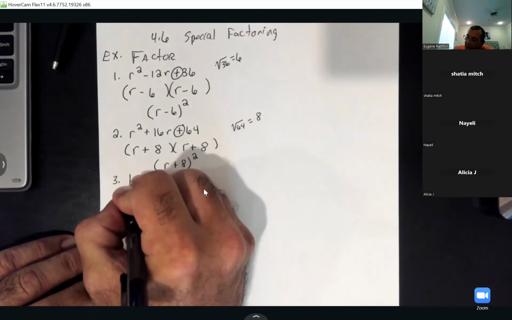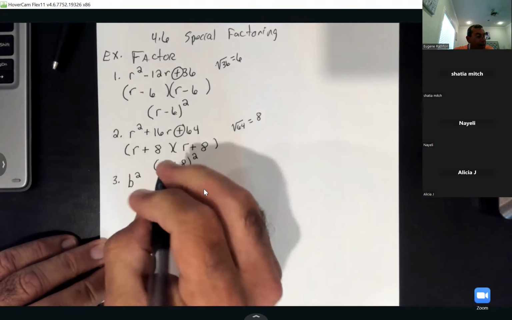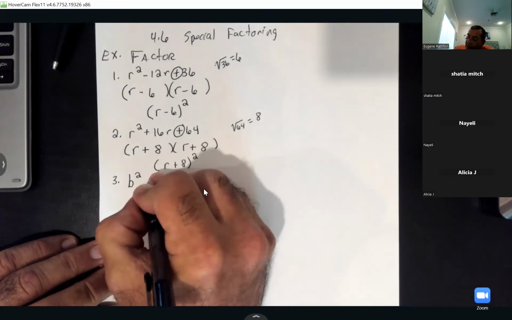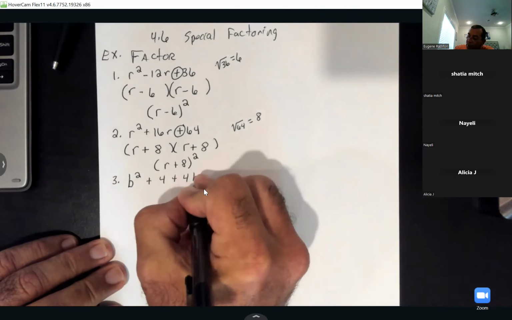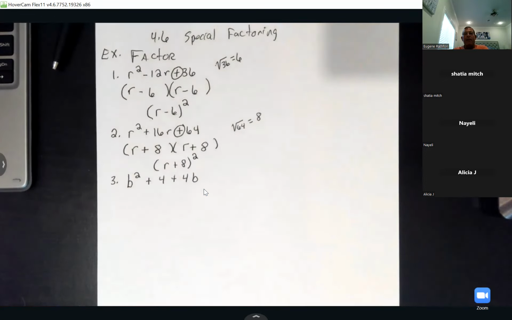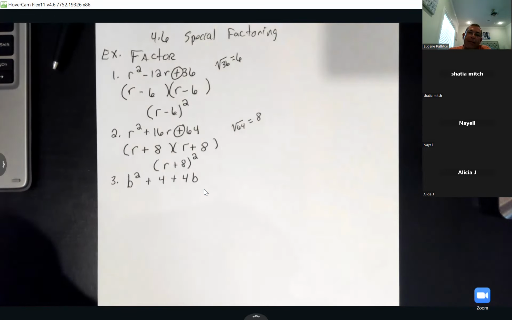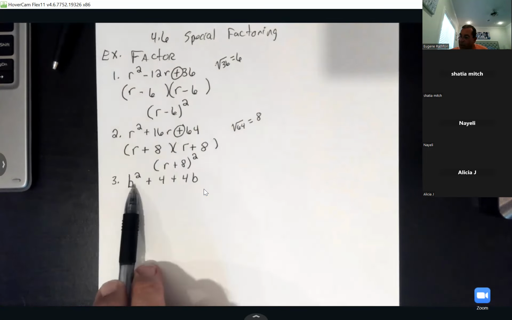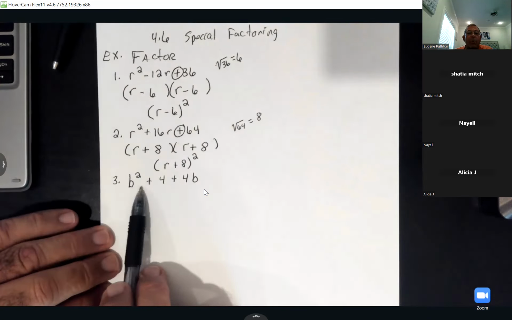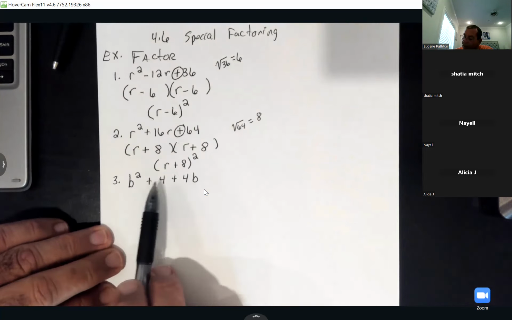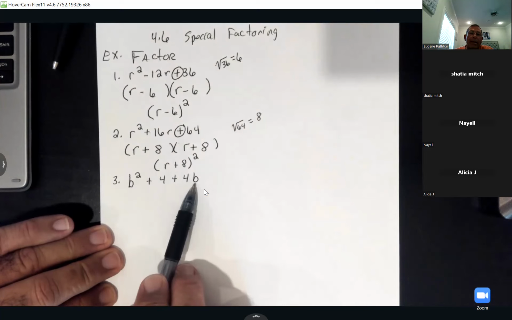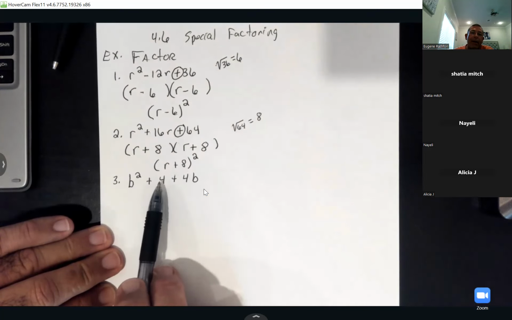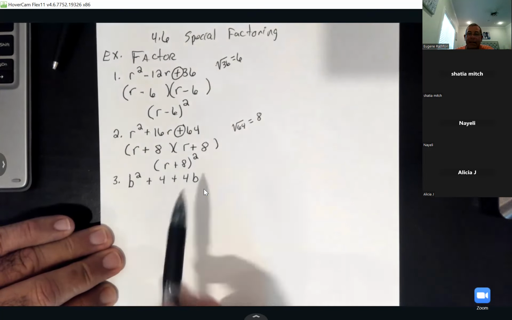So look what they're going to do now. b squared plus 4 plus 4b. Now we want to do one thing to this one before we start trying to factor it. We want to get this one in what we call descending order. So our b squared is where it needs to be, but y'all, this 4b needs to be in the middle, and that 4 needs to be at the end.